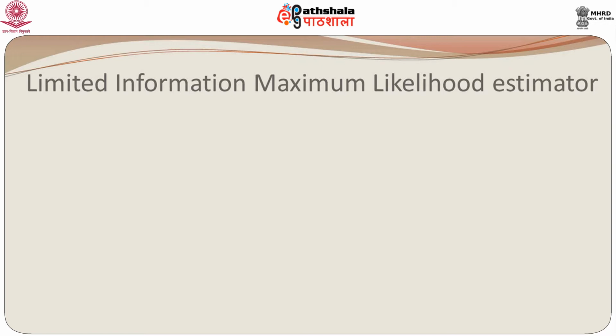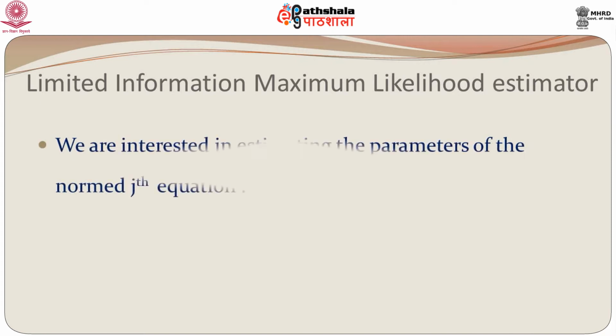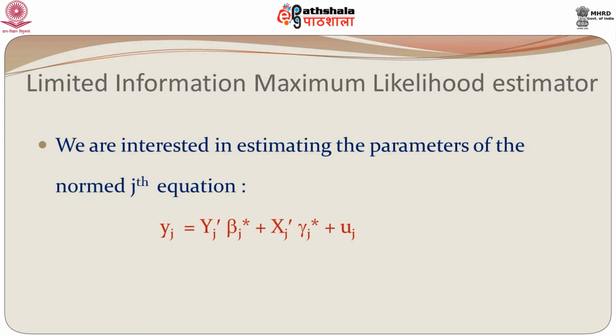The limited information maximum likelihood method of estimating the parameters of a single equation of a system of simultaneous equations. In this case, as before, we are interested in estimating the parameters of the jth equation with small yj as the response variable, and capital Yj as the other endogenous variables which are included in the model. Xj's are the exogenous variables which are included in the model.